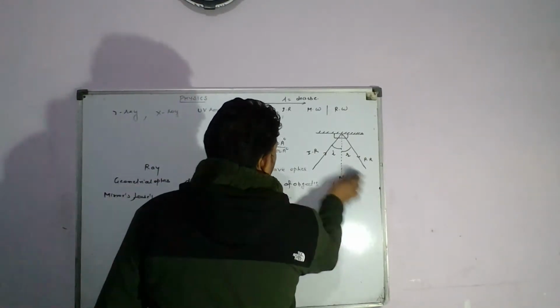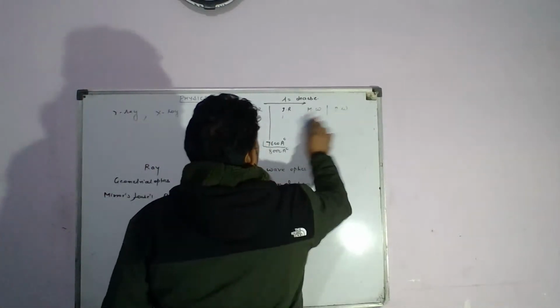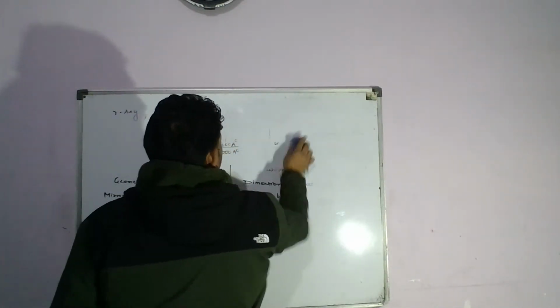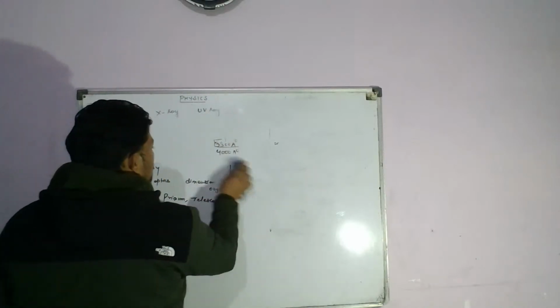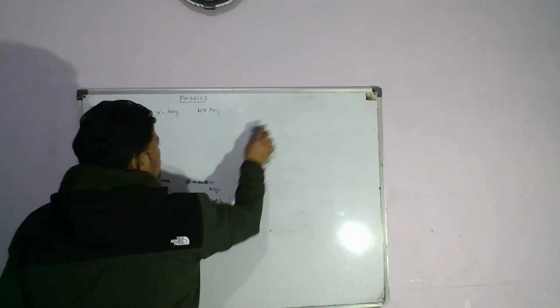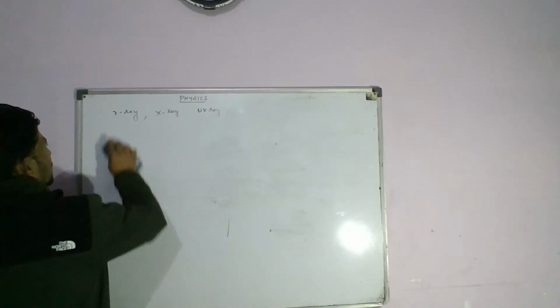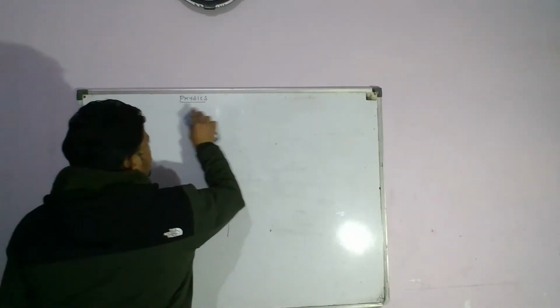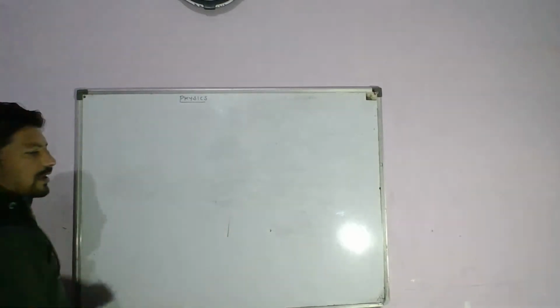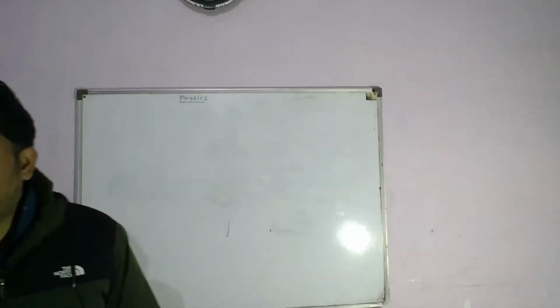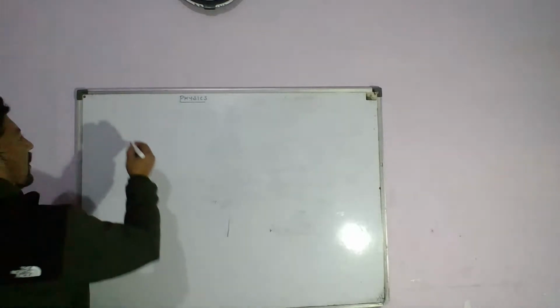Just remember, if an object lies at one point, the image is also formed on the other side at the same distance. First we find image formation by a plane mirror.